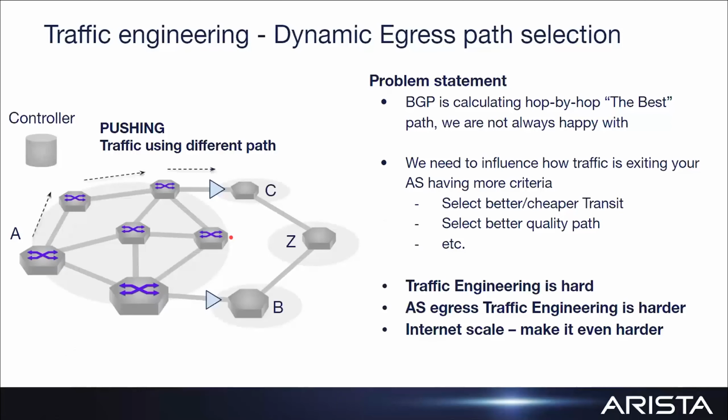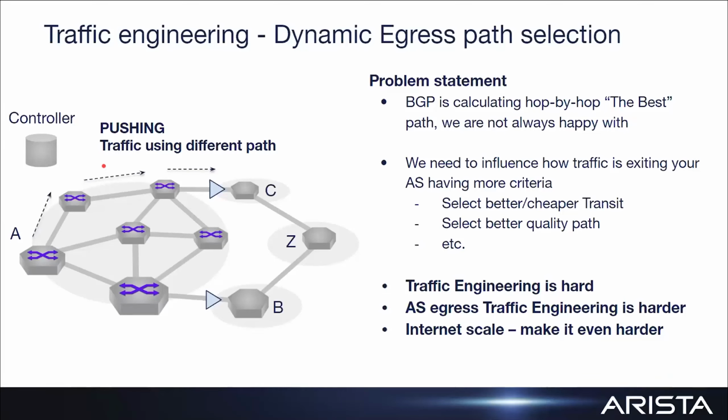Thus, we need additional tools, sometimes referred to as a controller, which has a wider view and takes into consideration the parameters we are interested in. This tool should calculate different paths and somehow program them into the network.